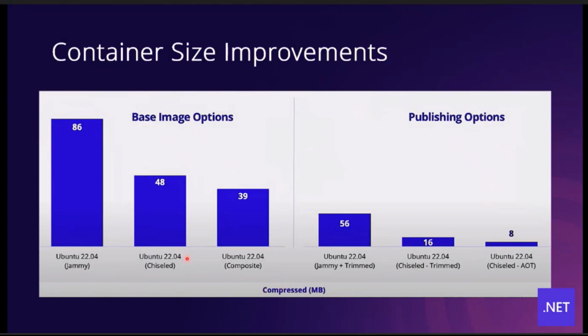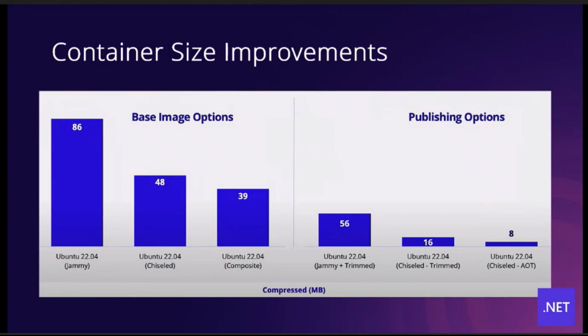There are different versions: chiseled, composed, Jammy, trimmed, chiseled AOT. Here we have only 8 megabytes. So wow, the difference is massive. Depending on where you're running and the features that you need, you can end up using this one or this one.